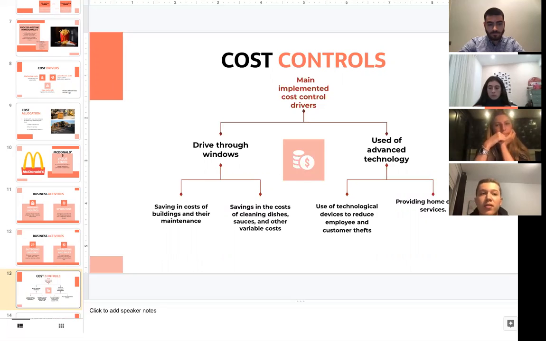So since profit is calculated by subtracting costs from revenues, any reduction in cost is going to inflate the profit figure. One of the ways the cost control personnel have been able to control costs in McDonald's is through the introduction of a drive-through window and by providing home delivery services.